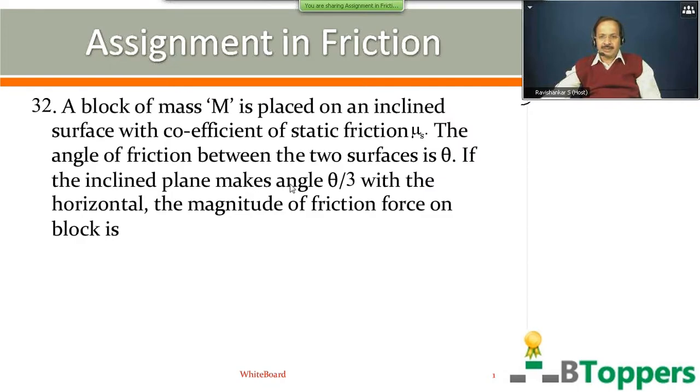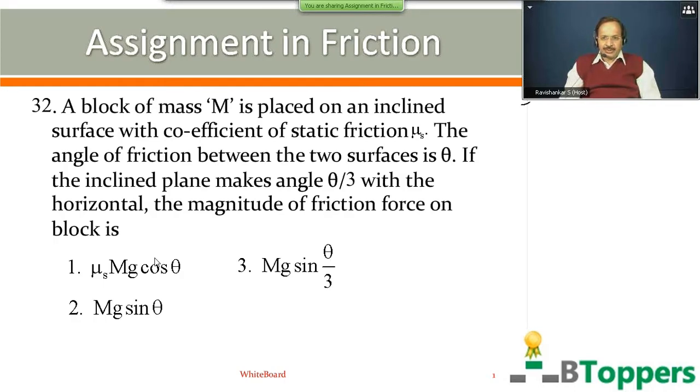If the inclined plane makes angle theta by 3 with the horizontal, the magnitude of friction force on the block is: first option μs mg cos theta, second option mg sin theta, third option mg into sin theta by 3, fourth option μs into mg cos theta by 3. Come on, try the question.